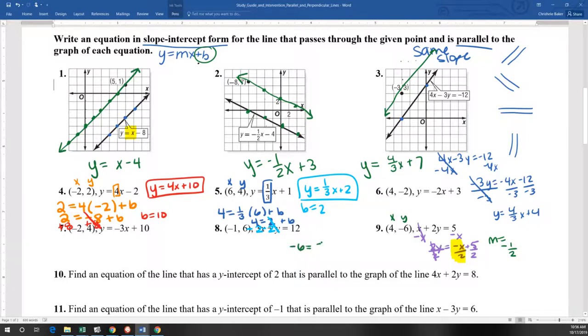Y equals mx plus b. -1/2 of 4 is -2. I'll add 2 to both sides. So -6 plus 2 is -4. So then my answer is y equals mx plus b.